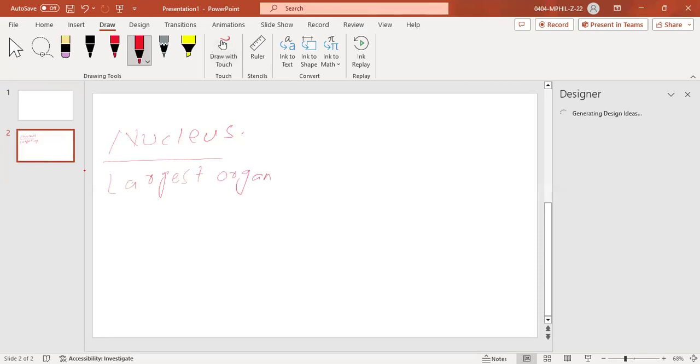And definitely it is present in eukaryotes. We are not talking about the prokaryotes right now. Because I have just named it nucleus, it means it is present in an envelope. So we can say it is covered with a nuclear envelope.